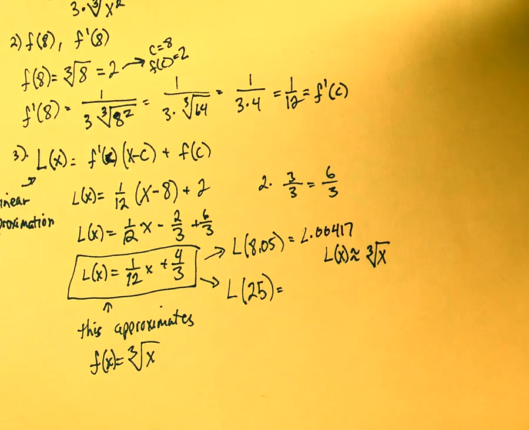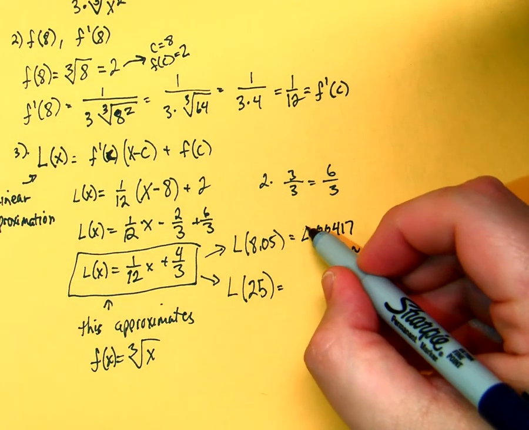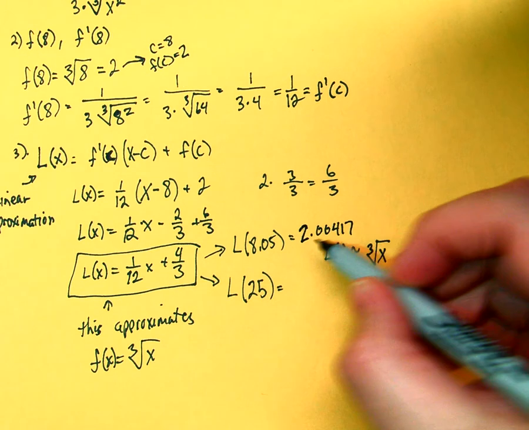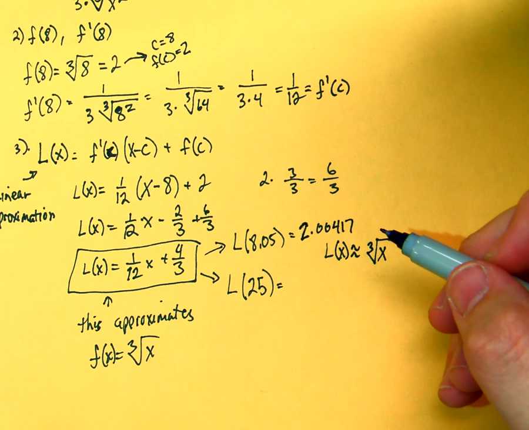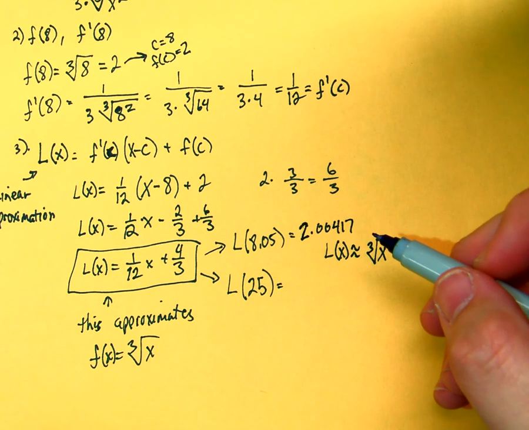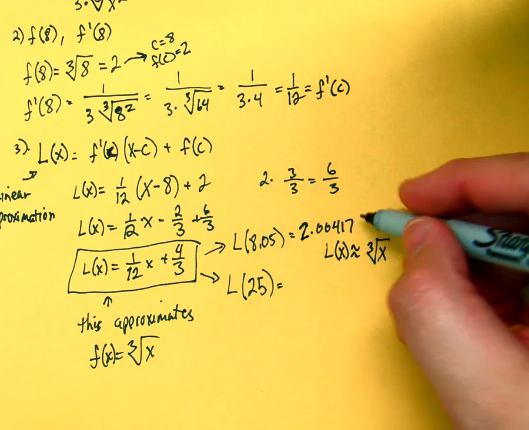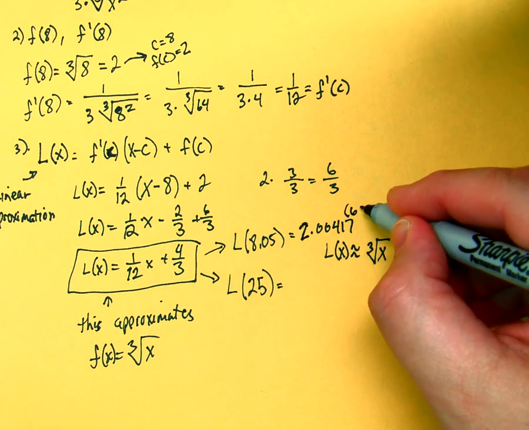And I got 2.00417. This is actually 66666 repeating. That's what we get there.